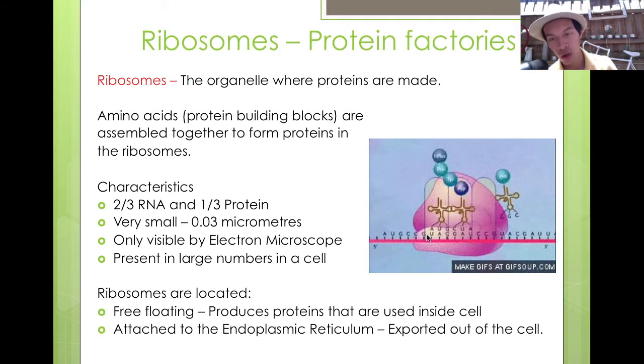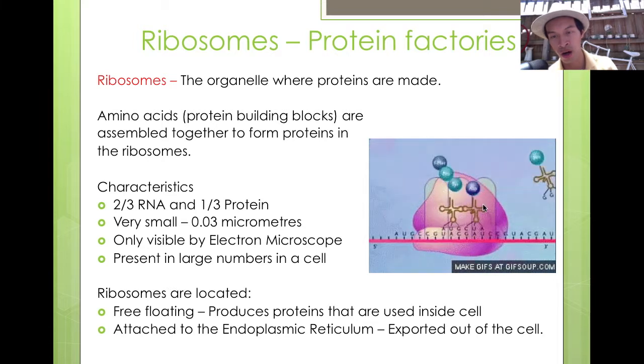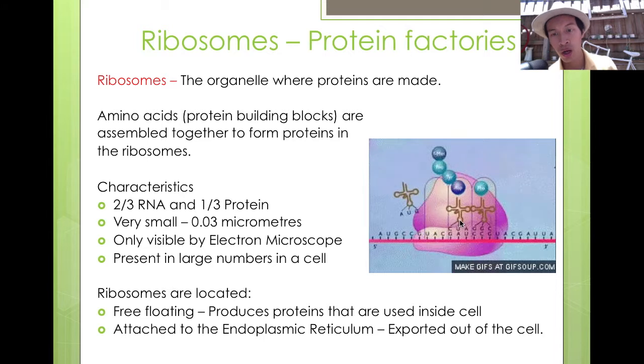Depending on the code, molecules called transfer RNA will go and collect amino acids and assemble them according to this code. The code matches the opposites of each of the nucleotides, or the letters, and then they collect a specific amino acid that matches these codes.